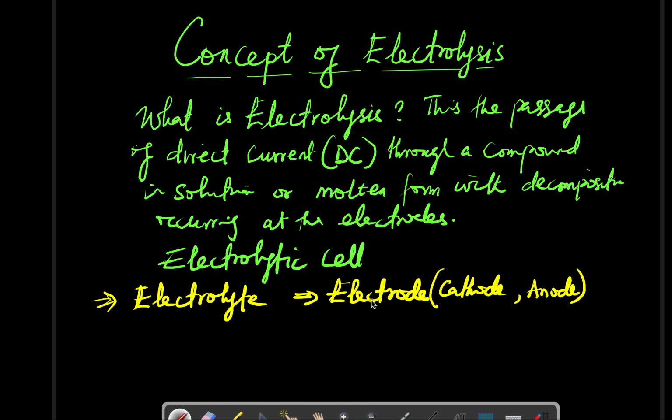So this cathode is what we refer to as the negative, whereas the anode is the positive. But there are actually conditions. It is only when you're talking about an electrolytic cell that the cathode is negative. But when you're talking about an electrochemical cell, the cathode is always positive.